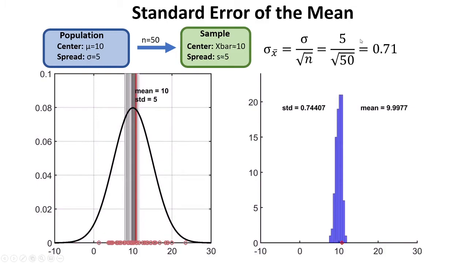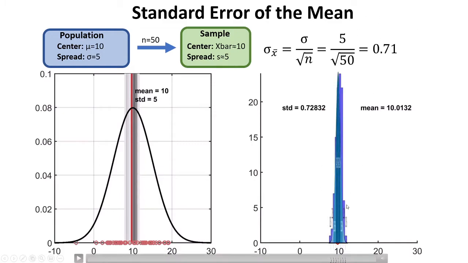And it's predicted to have a smaller standard error of the mean, which is a smaller standard deviation of this normal curve, which is still a normal curve, right? But it's a very tight normal curve around 10, right? And its standard error of the mean is 0.71, which means the standard deviation of this normal curve is 0.71.